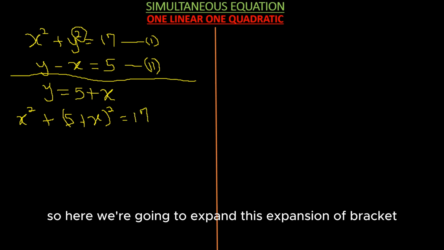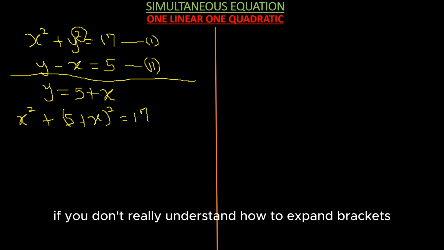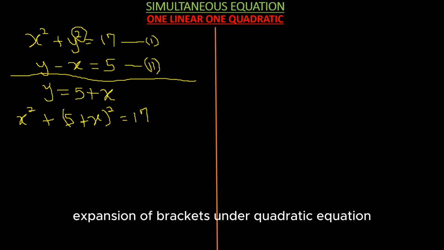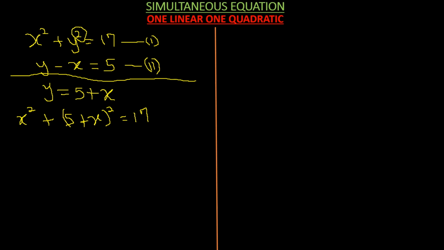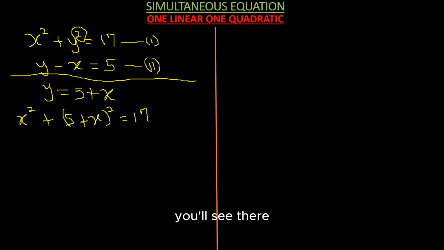Here we're going to expand this. I've also made a video on expansion of brackets. If you don't really understand how to expand brackets, you can check my profile for expansion of brackets under quadratic equation. You'll see it there.